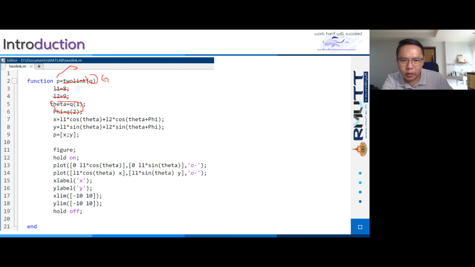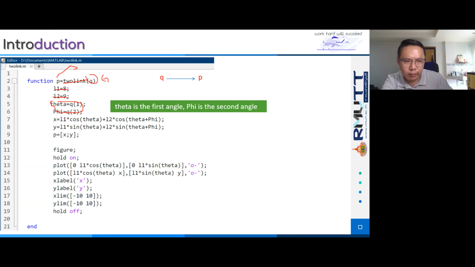This means the angles are extracted from the input vector Q. Theta is the first angle. Phi is the second angle. For this, the x and y coordinates of the end effector are calculated using trigonometry.